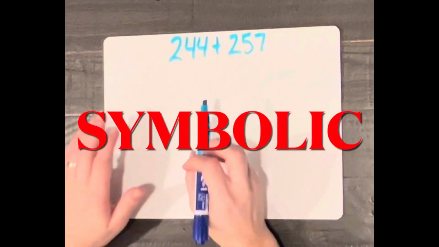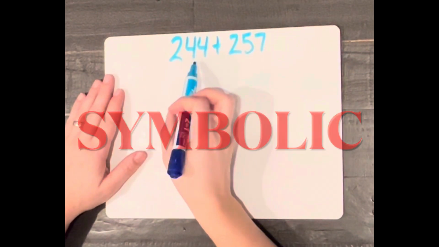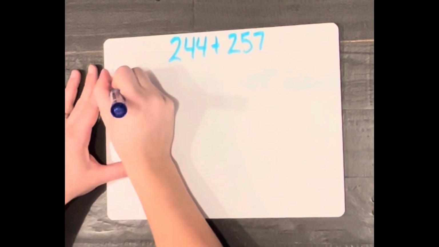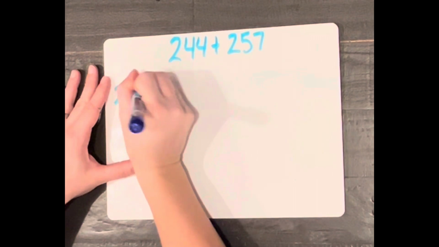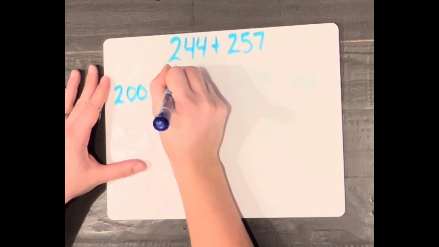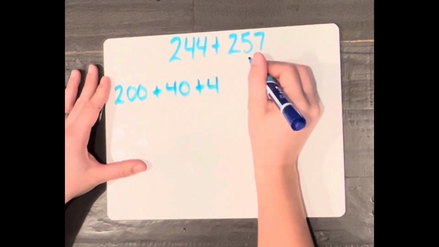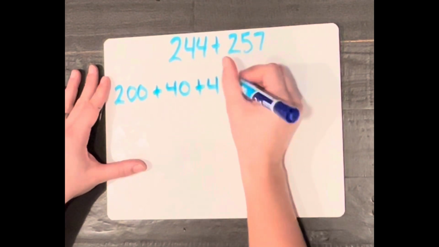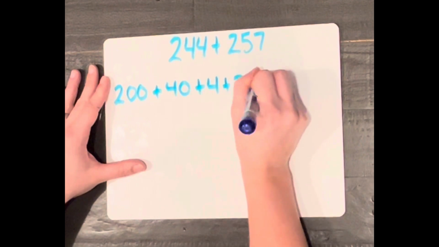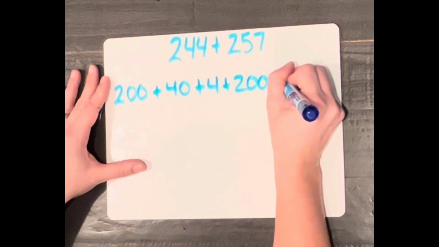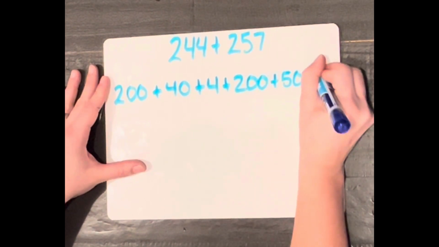So now we're going to do the symbolic method. We're going to start by breaking apart 244. So we're going to go 200 plus 40 plus 4. And now we're going to break apart the 257 too. So we're going to go 200 plus 50 plus 7.